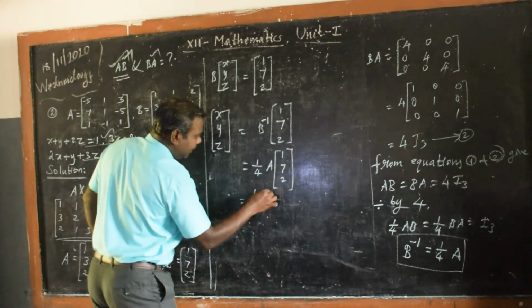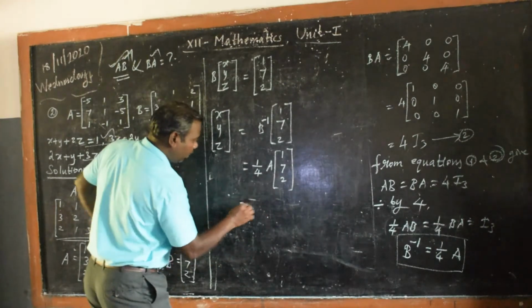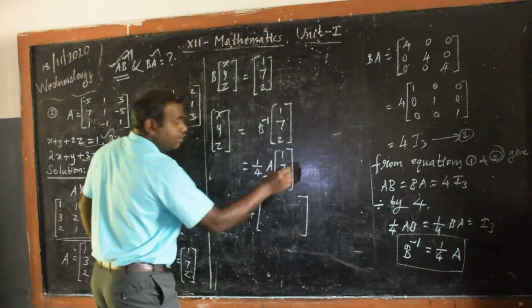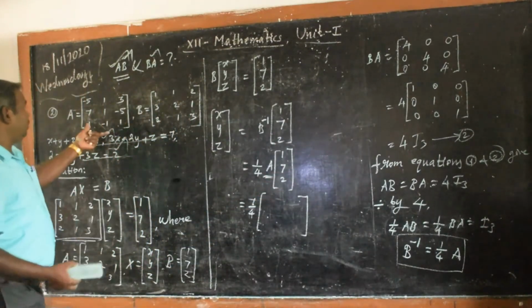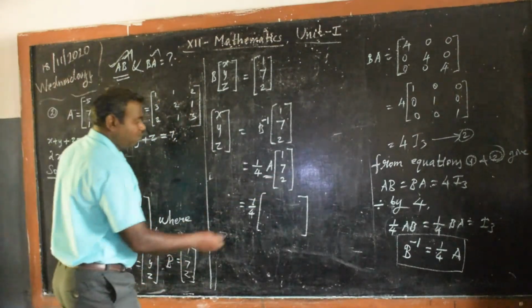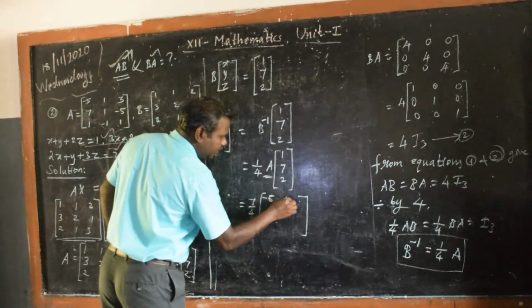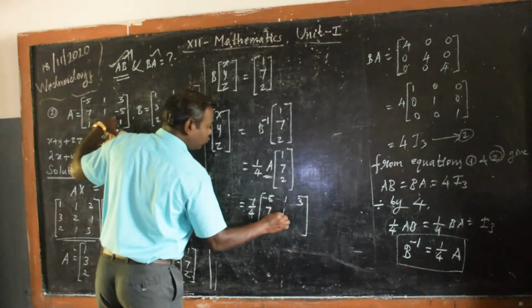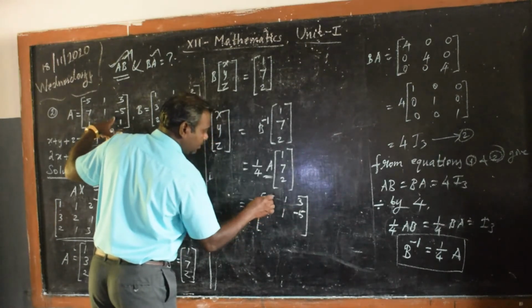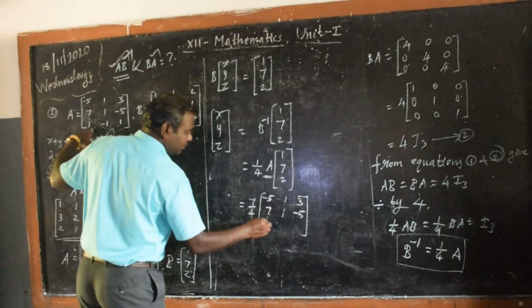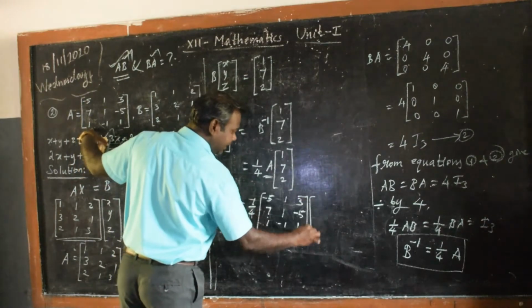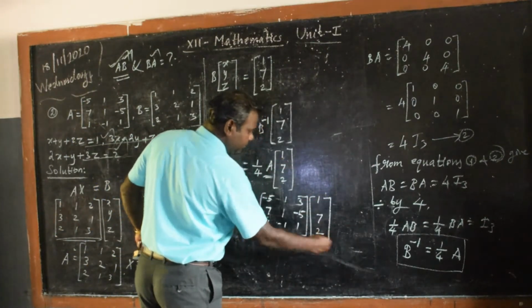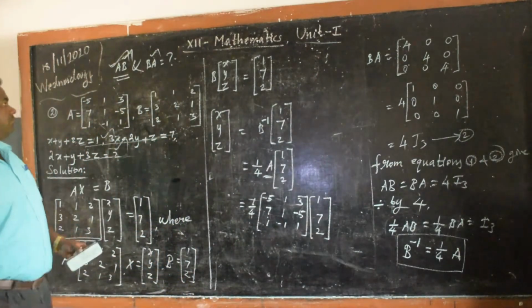What is our matrix A? 1 by 4 into A, with first row minus 5, 1, 3, second row 7, 1, minus 5, last row 1, minus 1, 1, into 1, 7, 2.